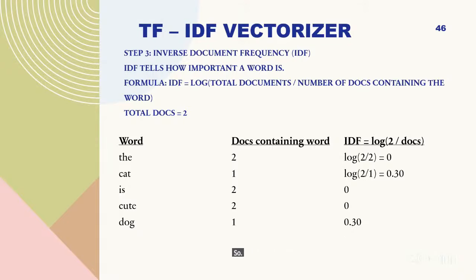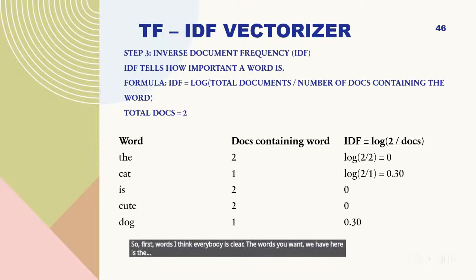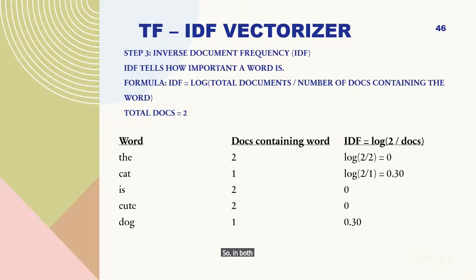The words we have here are the, cat, is, cute, dog. In both the documents, we have the twice, is twice, cute twice, but we have cat once and dog once. So these are the words we have in both the documents.